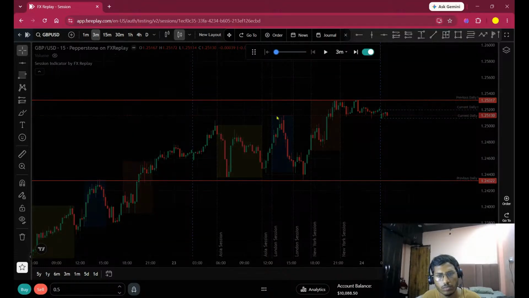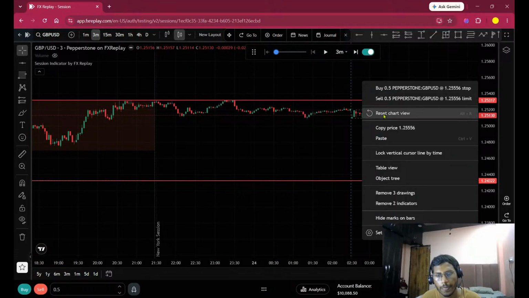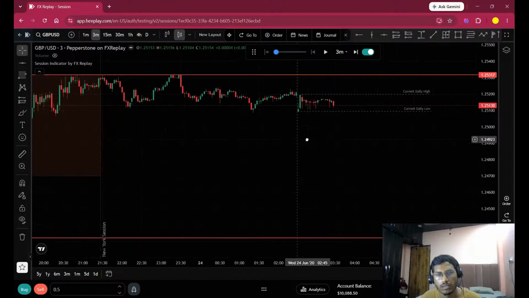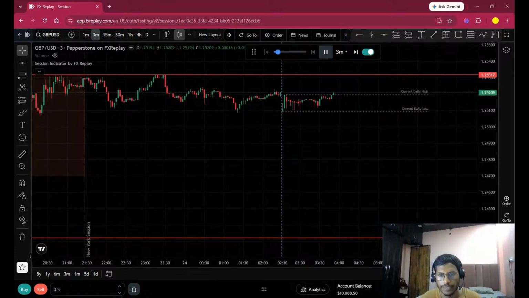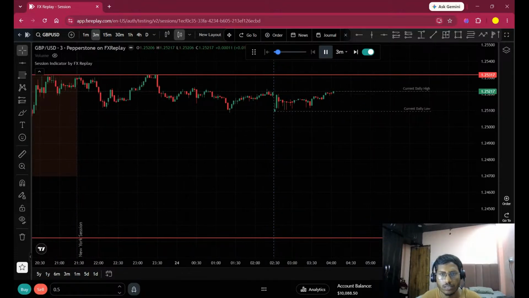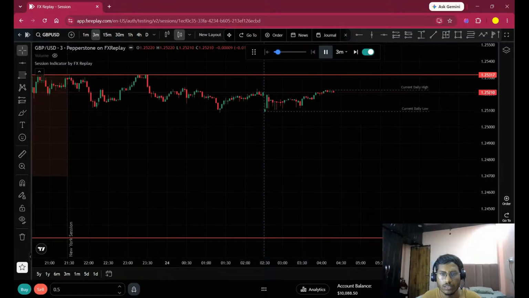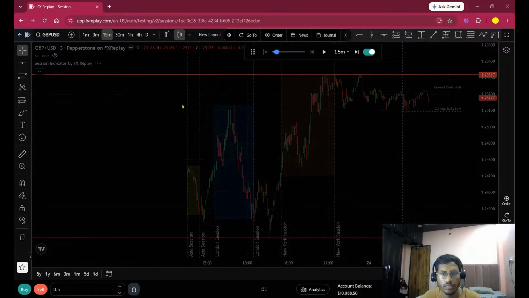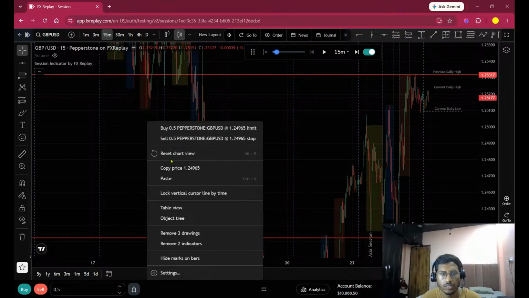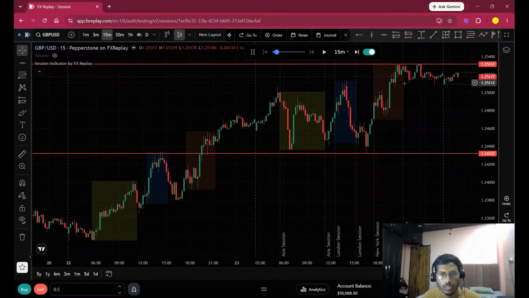And let's go to the 3 minute time frame. Okay, this is 3 minute time frame. Now let's increase the candle speed, and now wait for the movement. So if you see, overall candle pattern, it seemed to me it's bullish only, right?